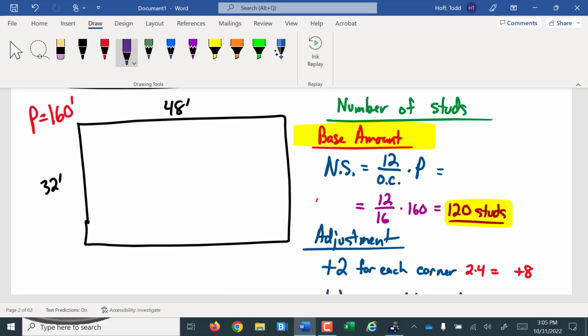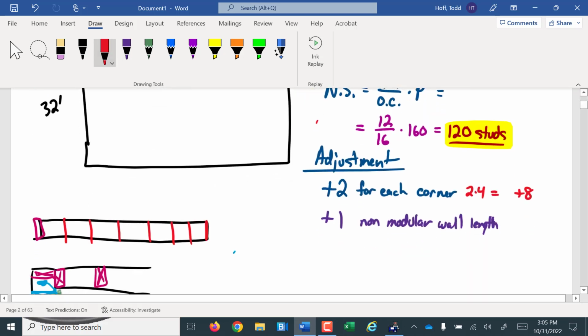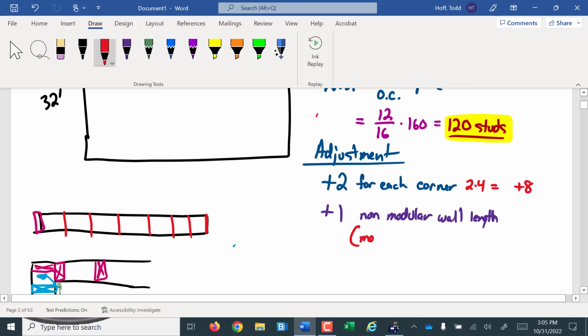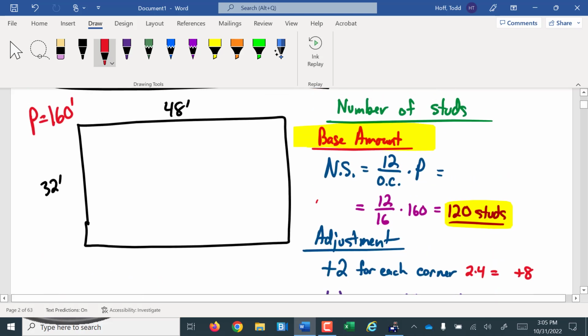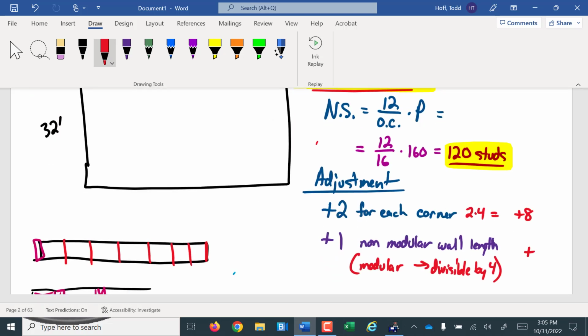So modular, just a reminder, modular means divisible by what? By 4. Are any of the walls on my sample one here non-modular? No, 32 and 48 are both divisible by 4. So this is going to be a +0 because none of those are non-modular.